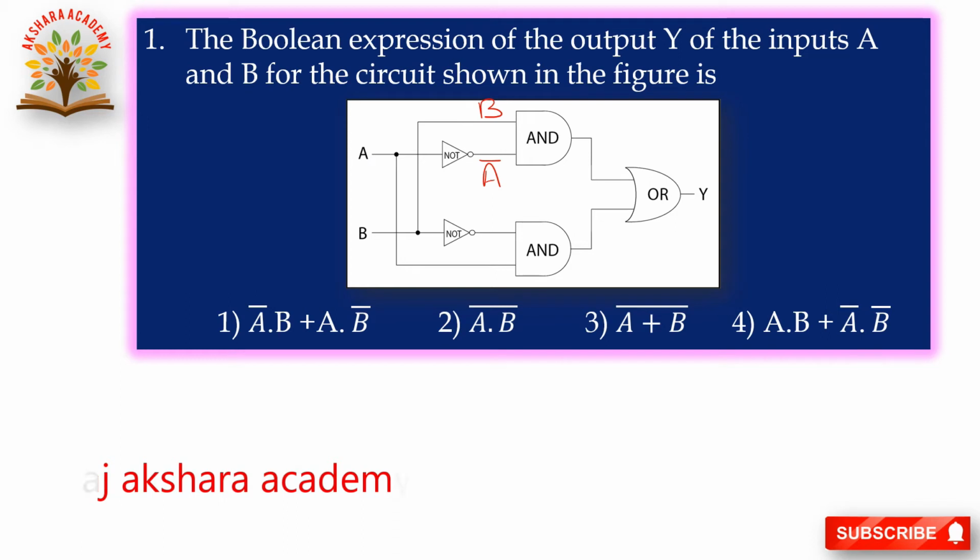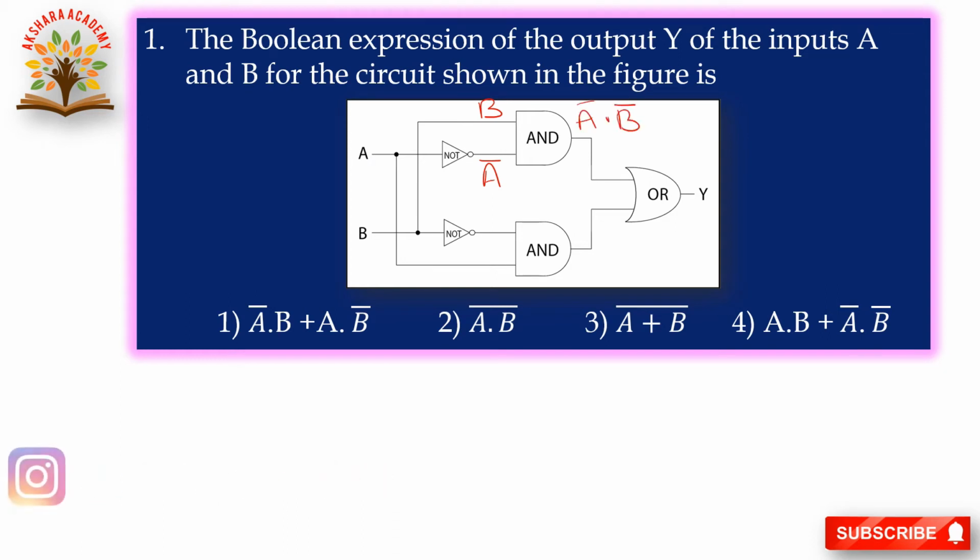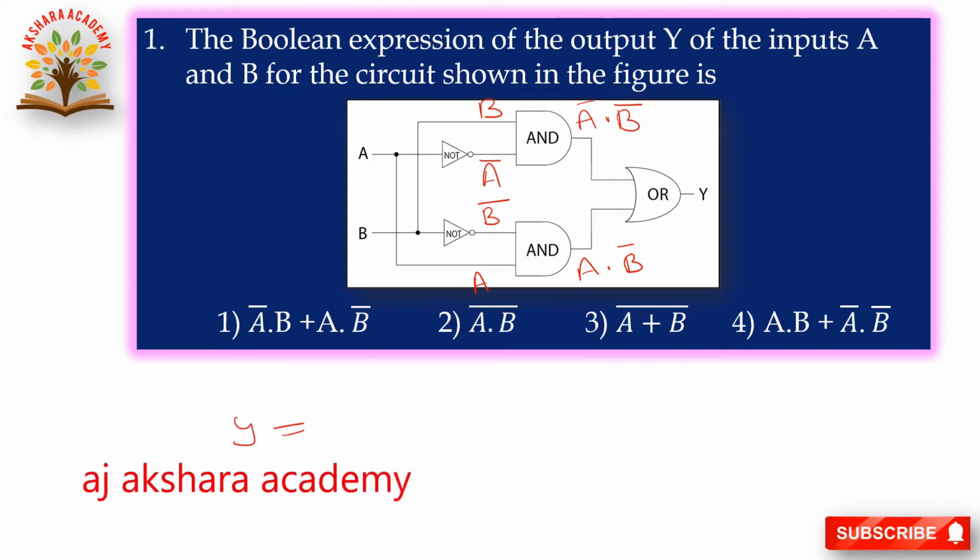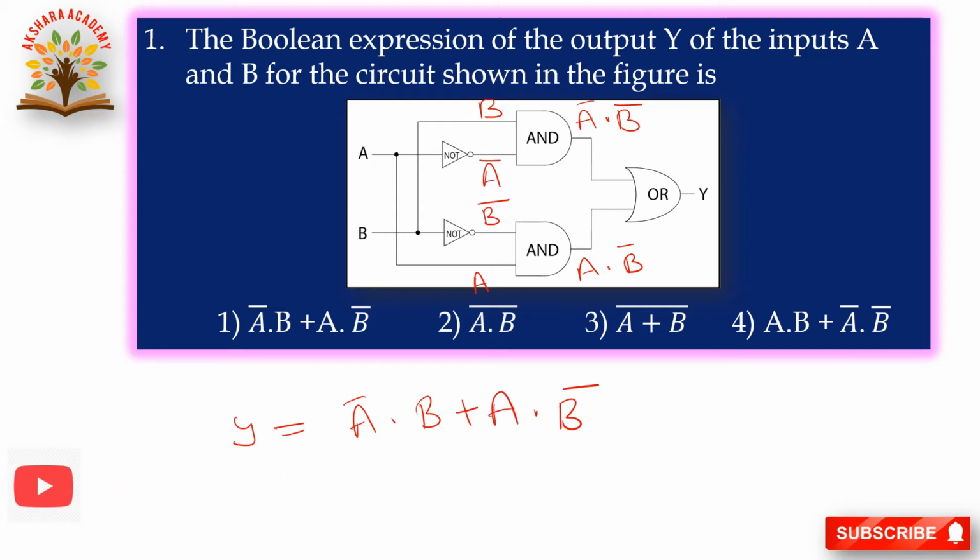This is AND gate, so here output is A bar dot B, and here this is B bar, and here A dot B bar. Now the output Y is equal to A bar dot B plus A dot B bar. Okay, next we will go to the next question.